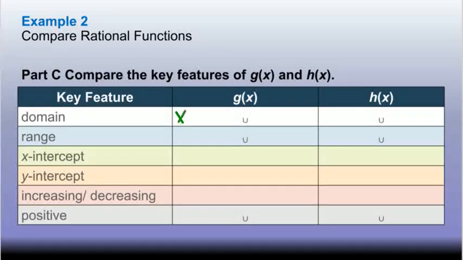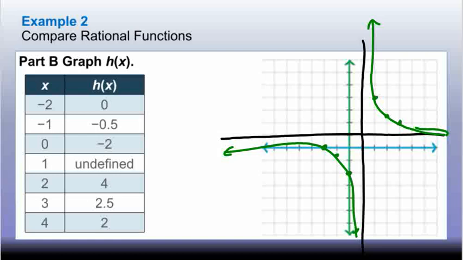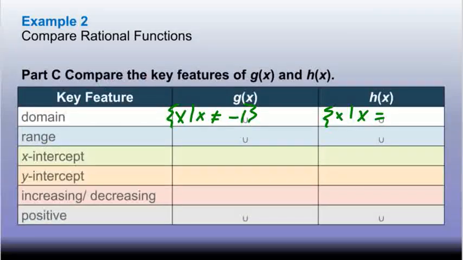So this would be x such that x is all real numbers except it can't equal -1. The other one would be x such that x is all real numbers except x can't equal a positive 1.